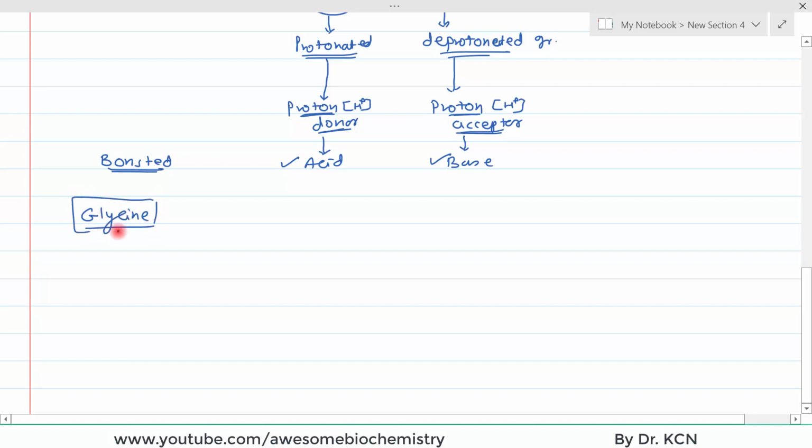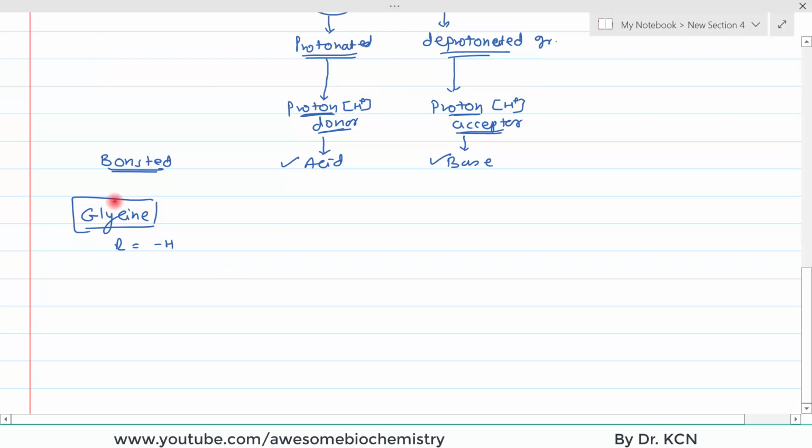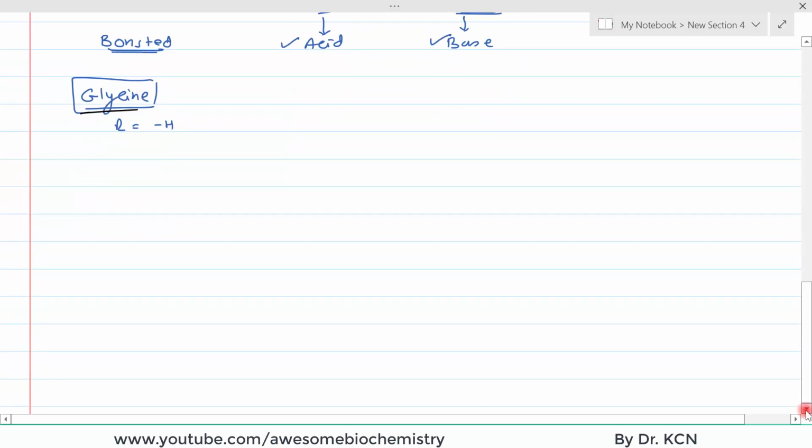We know the structure of the glycine amino acid, right. Glycine has a simple hydrogen as its side chain. Now suppose this is the scale of pH, here 0 pH and here the maximum pH, which can be 14.